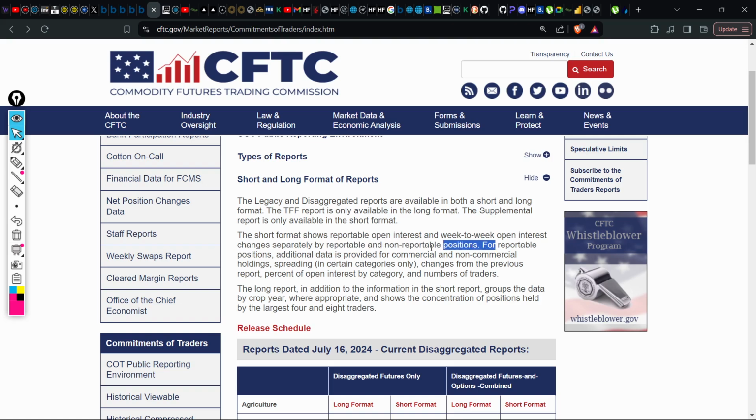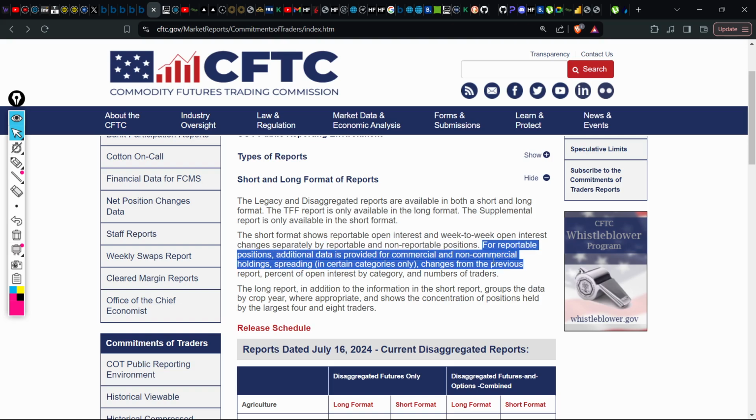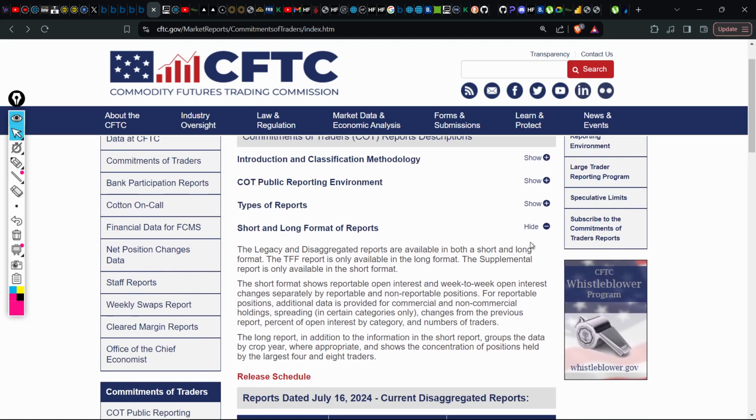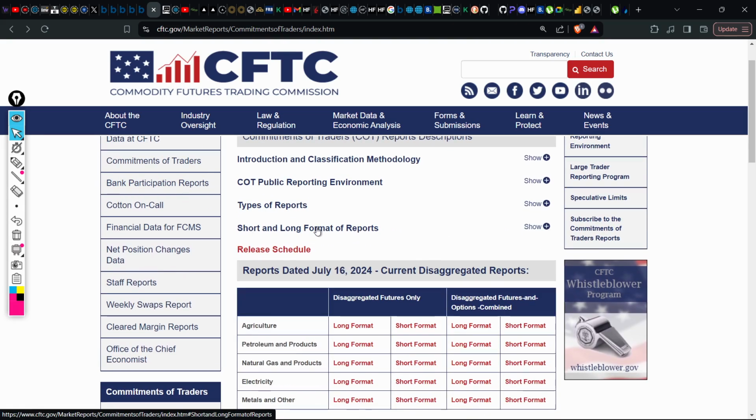For reportable positions, additional data is provided for commercial and non-commercials, holdings spreading in certain categories only, changes from previous reports, and so on. Essentially that's the difference between short and long format. The long format, of course, is more detailed. The short format is mostly a summary.